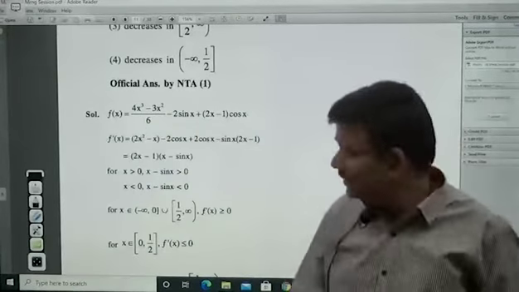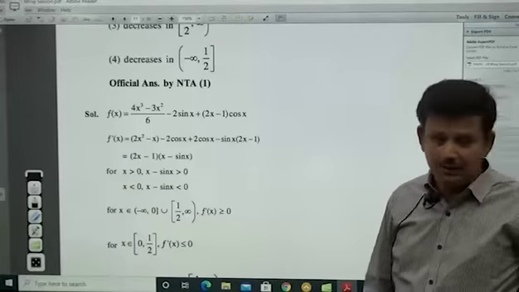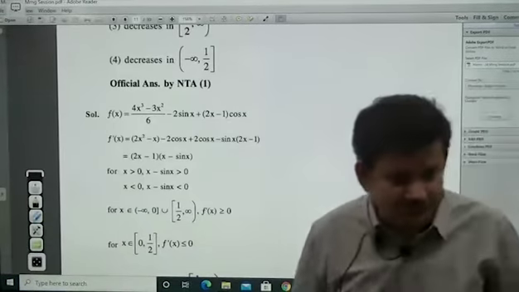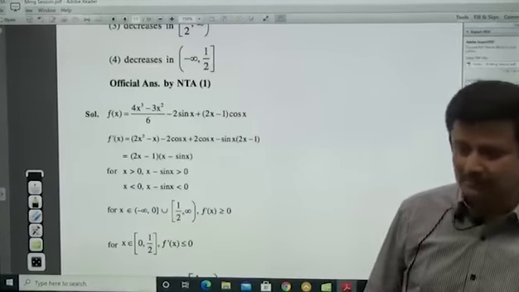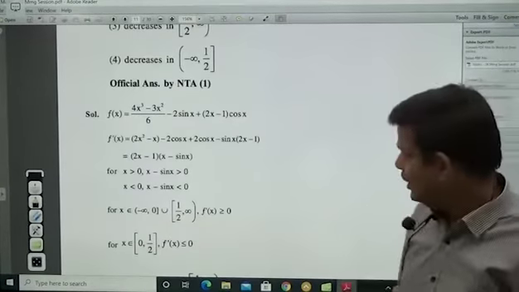X minus sin x, whenever you see, if x is positive, x minus sin x is positive. X is always greater than or equal to sin x. X is greater than sin x whenever x is positive. X is less than sin x whenever x is negative. Okay, odd function.